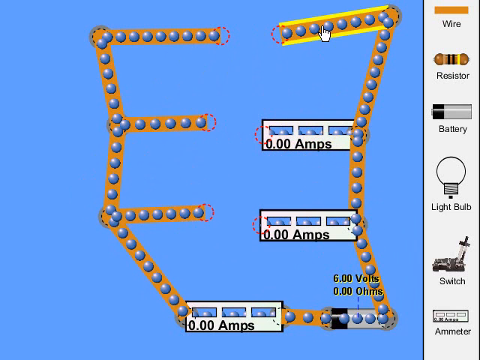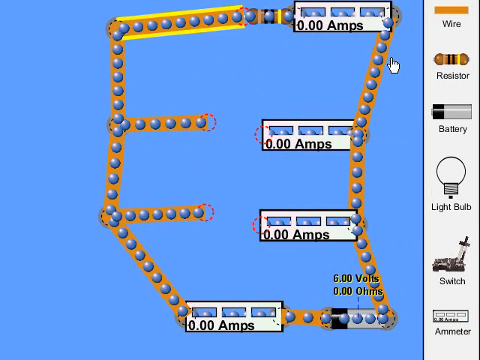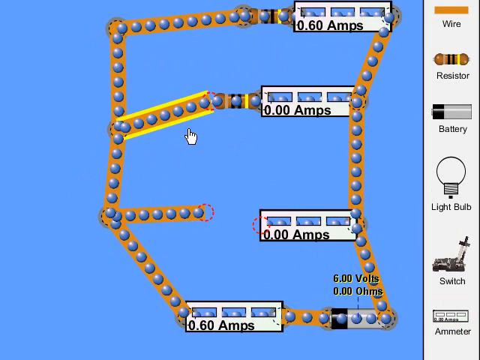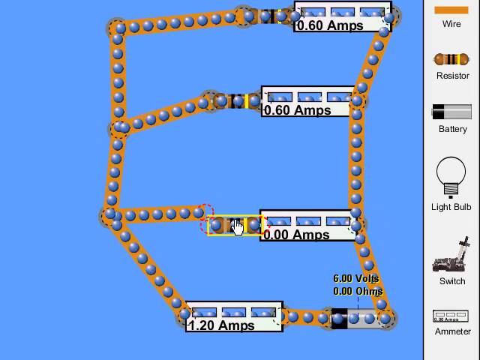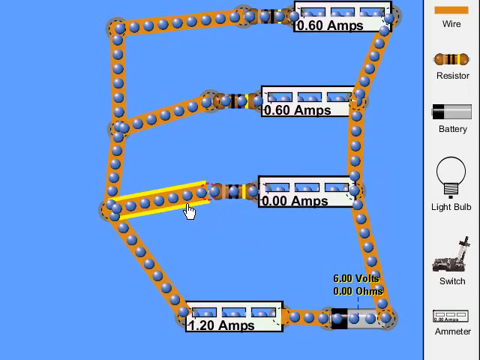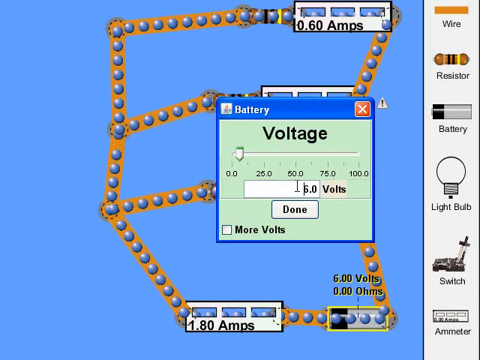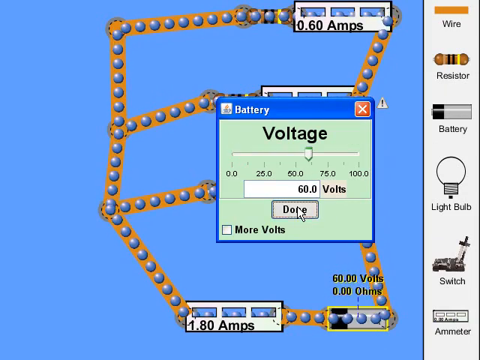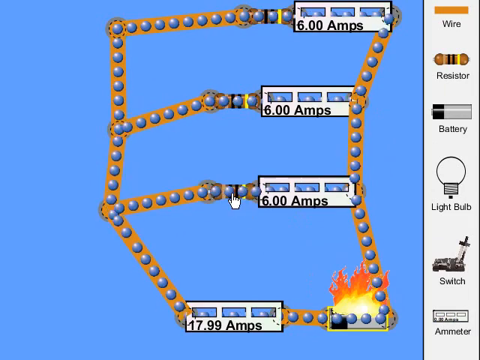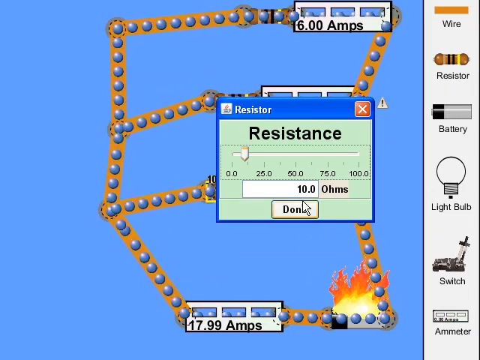Alright. And actually I will put yet another ammeter right there, and then I will put the resistances there. There we go. If we get readings right now, don't pay attention to them because I actually still need to change resistances and the voltage here. Whoa! Okay.